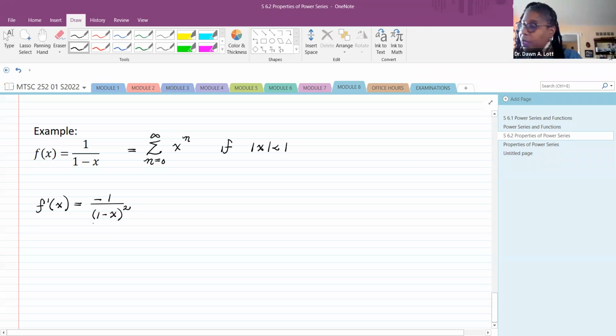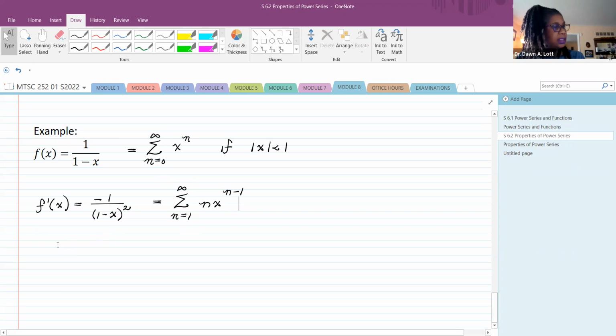Okay, and when I take the derivative of this, the sum from n equals 1 to infinity, I get n x to the n minus 1. Okay, so let's make sure that works.